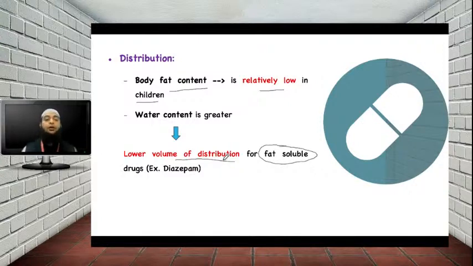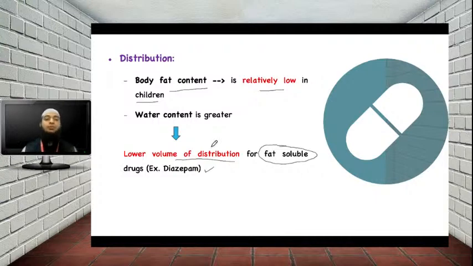You need to adjust the dose accordingly because it leads to a low volume of distribution. Examples are diazepam and many other drugs which are fat soluble in nature and can easily cross fatty membranes in the body, right? So when you are giving such drugs, you need to take extra precaution and also adjust the dose of the drug. Okay, so this is one parameter in distribution.